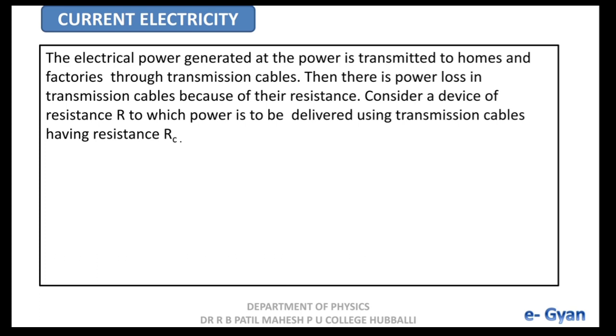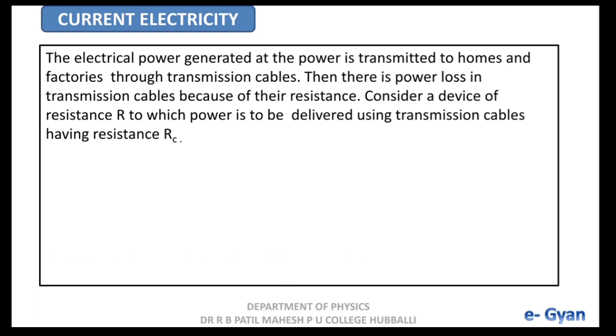The power is generated in a power station far away from the cities, and that power has to be transmitted through the transmission cable. Then there is a power loss in the transmission cable because of its resistance. The power loss is due to resistance of the transmission cables.